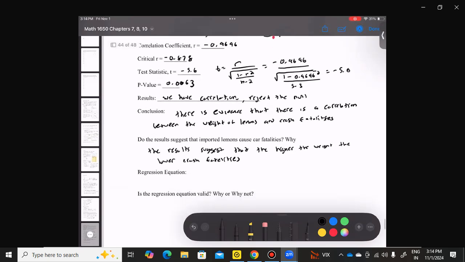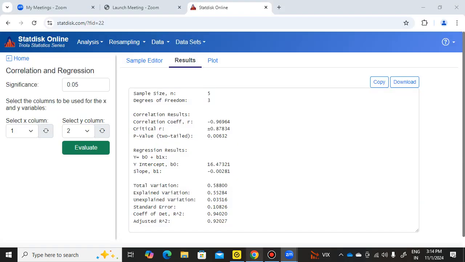Now let's look at the regression equation. The crash rate is going to be equal to negative 0.0028 times the weight of the lemons plus 16.47.